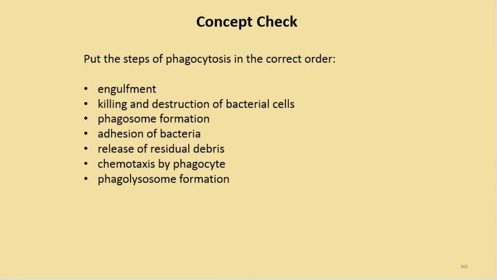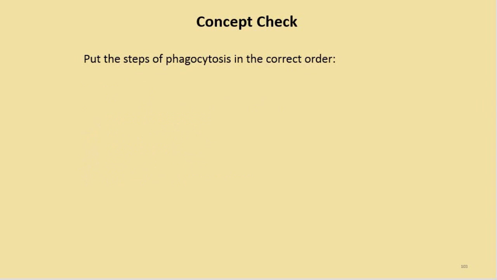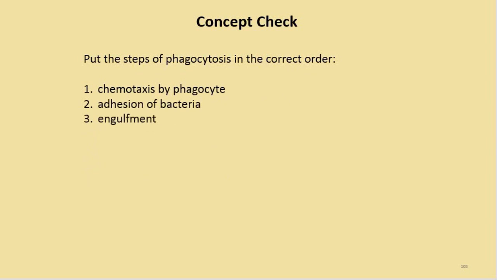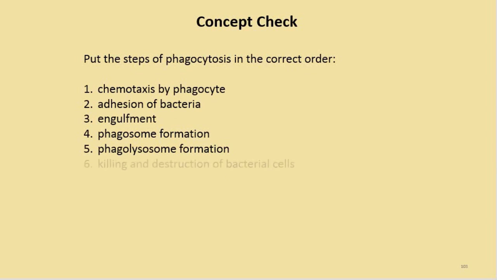And the order is chemotaxis by phagocyte, adhesion, engulfment, phagosome formation, phagolysosome formation, where the lysosomes bond to the phagosome, destruction of the bacterium, release of the residual debris, and one other thing that isn't in here that we'll talk about next chapter is antigen presentation.